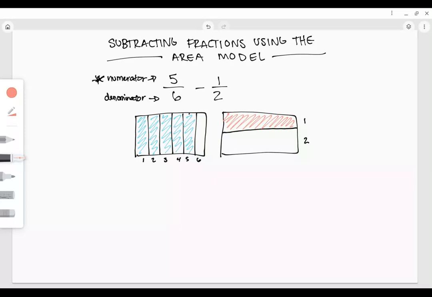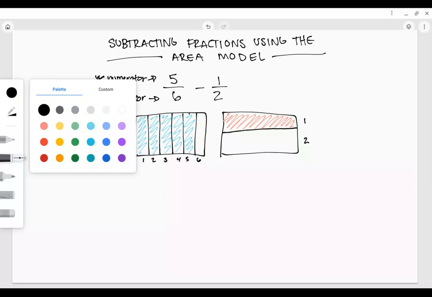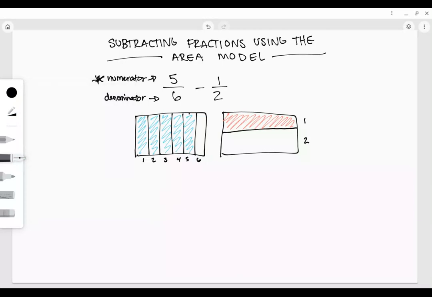And now we're going to draw out the next part to figure out the answer to our equation. We're going to again draw 2 more rectangles.